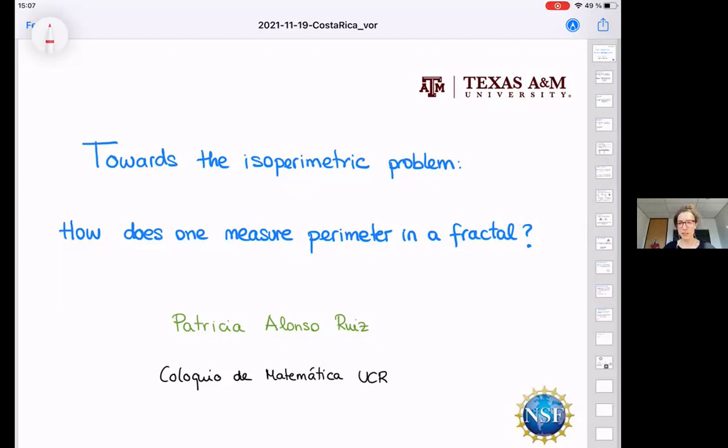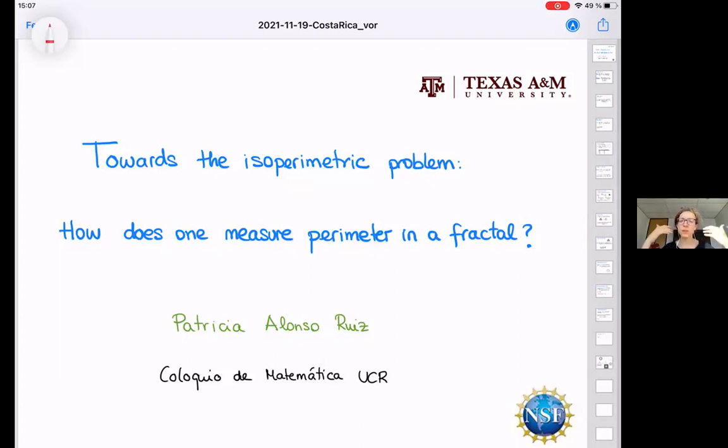And speak about what is the isoperimetric problem and how can we try to pose this problem in a space that is a fractal, because this is the type of thing that I work with. And so the talk is going to be a path along to get to the formulation of this problem, and along the way we are going to see what are the ingredients that we need for this.